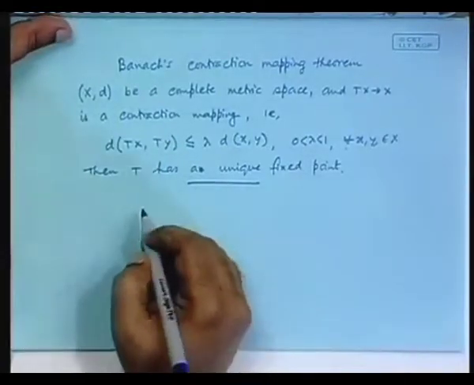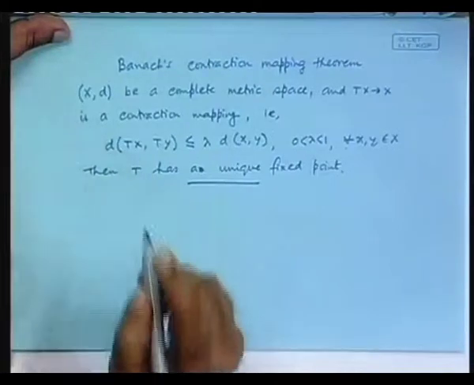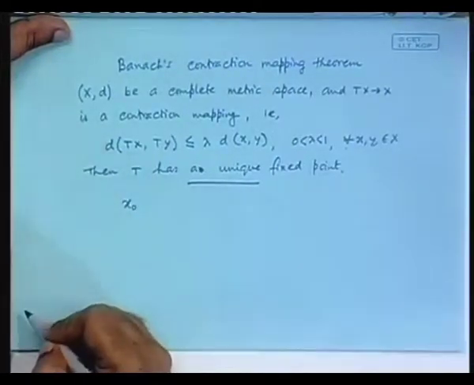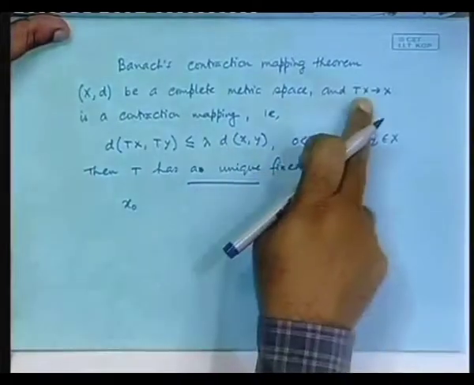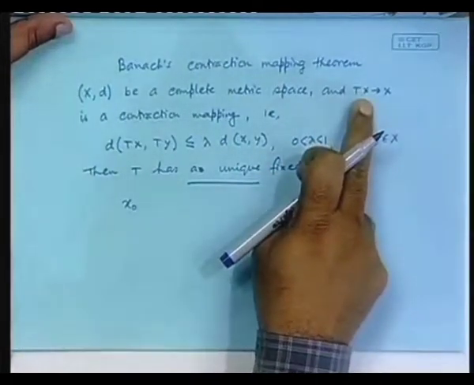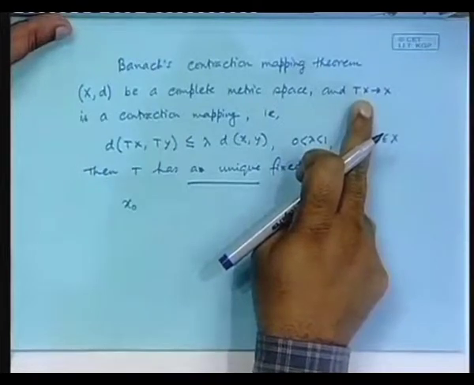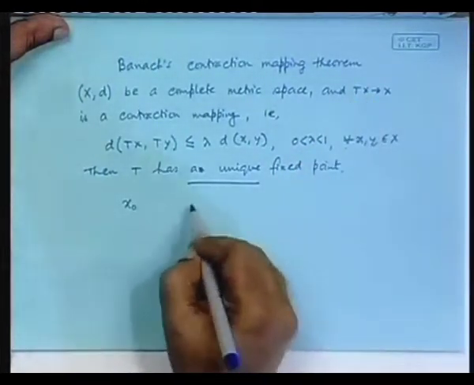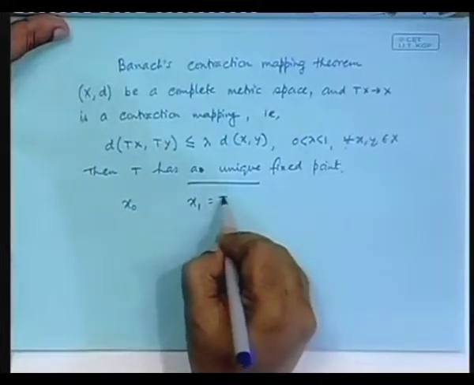So, let us start. Let us say we start from a point x naught, apply the transformation t to arrive at x1, apply the transformation t again to arrive at x2, and so forth. So, we can write x1 is equal to t x naught.